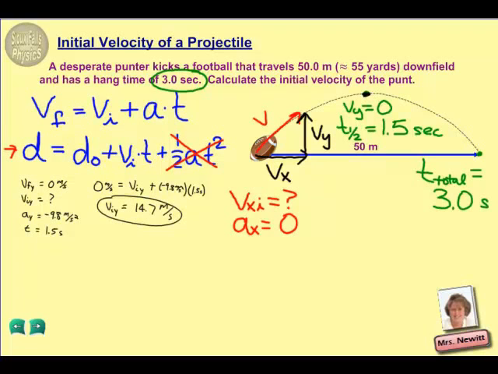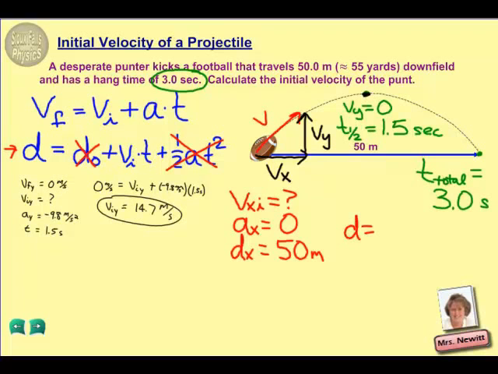We also can eliminate the initial distance because we're assuming it starts at an initial distance of 0. And finally, we have its final distance or its final position, which is that 50 meters that it traveled downfield. What we are left with then in the horizontal direction is this.